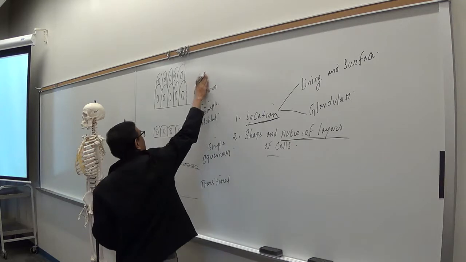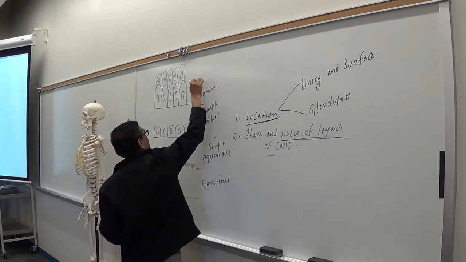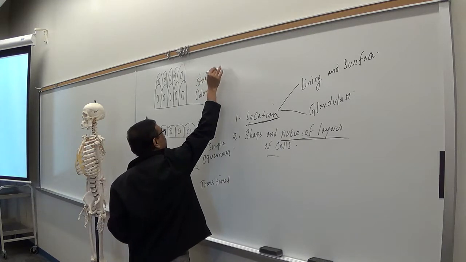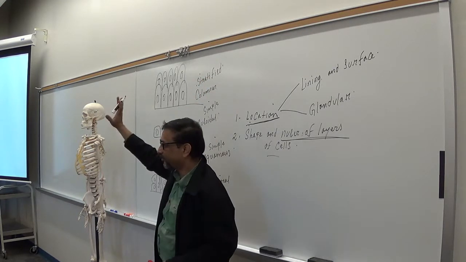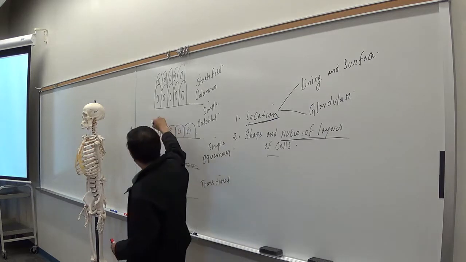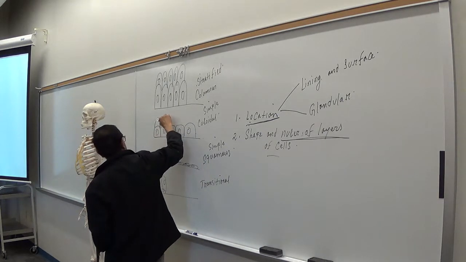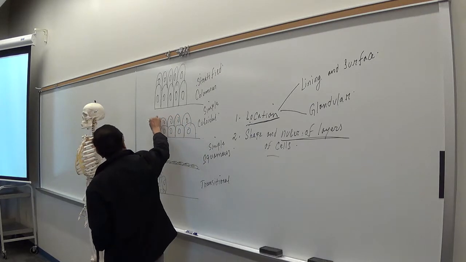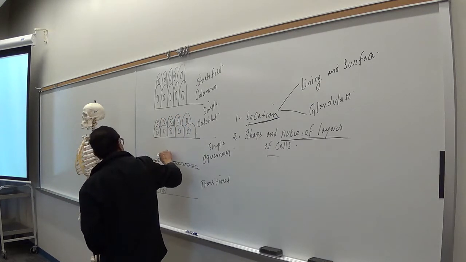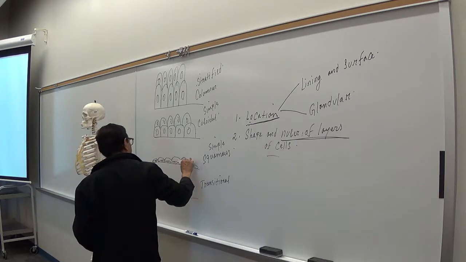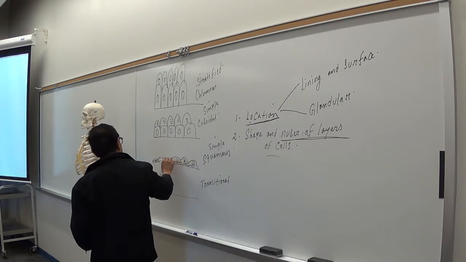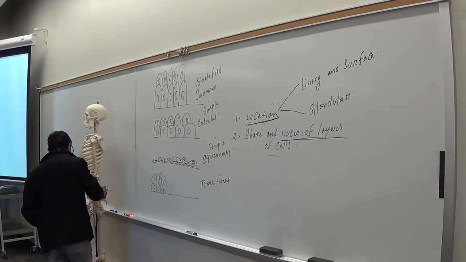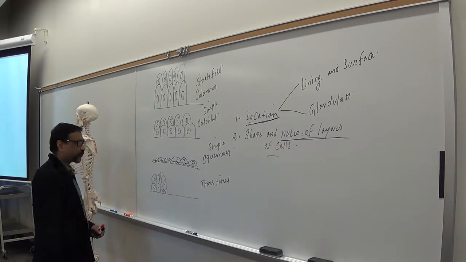So this is no more simple. Stratified. We clear? So it is simple. Now this is what? Stratified cuboidal. This is stratified squamous. Okay. So that's how we classify by shape and number of layers.